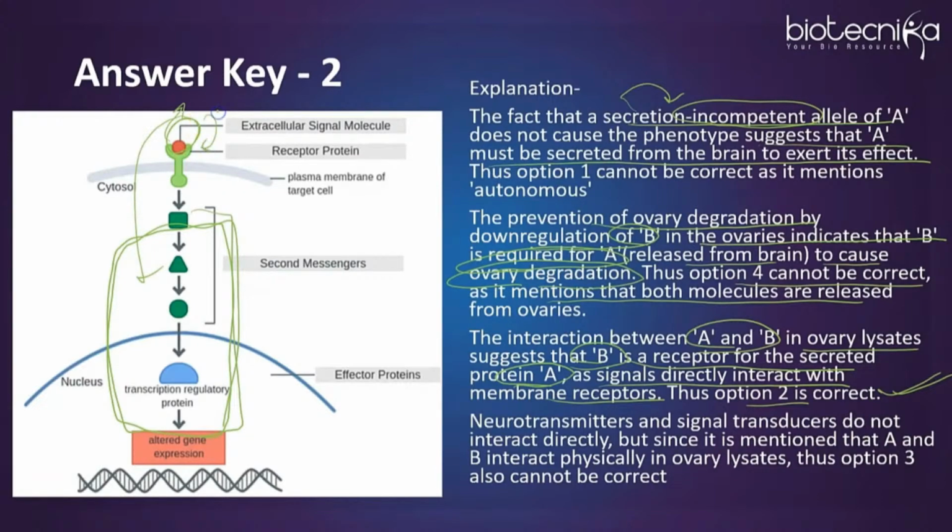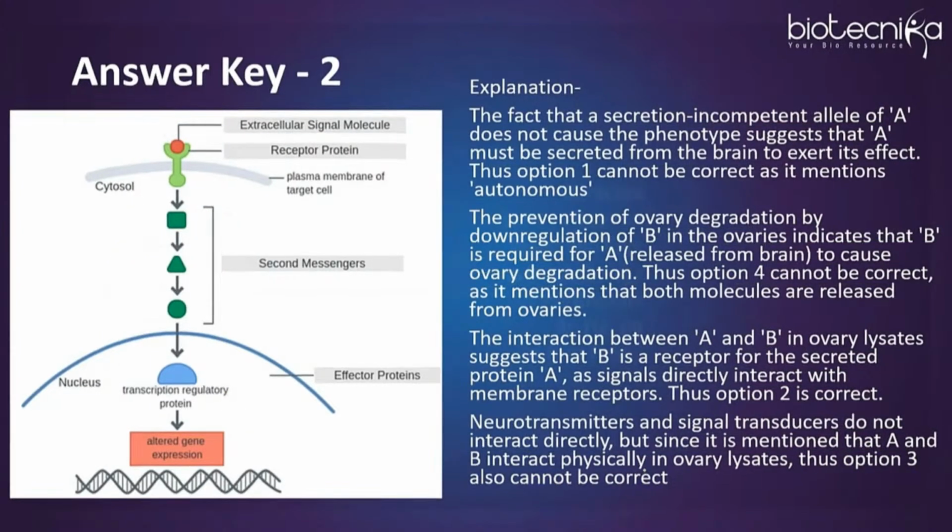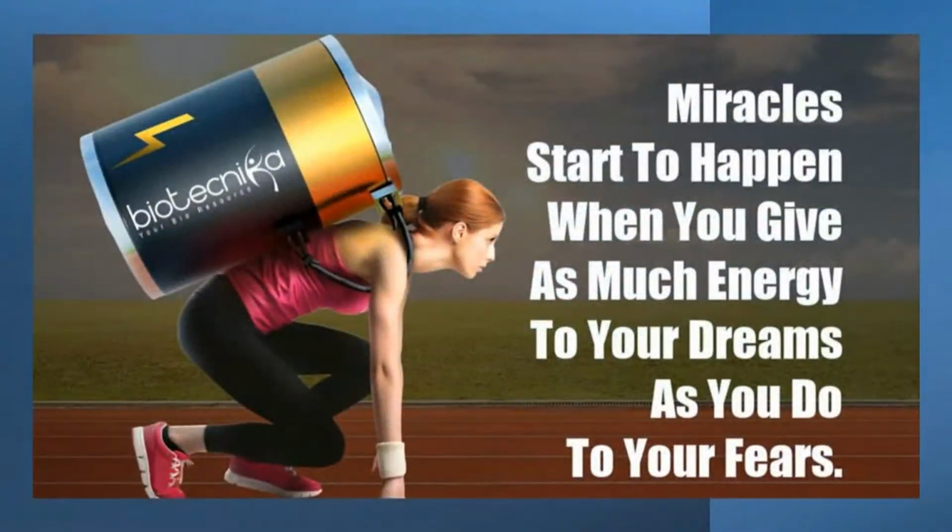The signals will interact with the receptors, but not with the signal transducers inside. But since it is mentioned that A and B interact physically in ovary lysate, thus option 3 also cannot be correct. So yeah, these are kind of tricky questions.